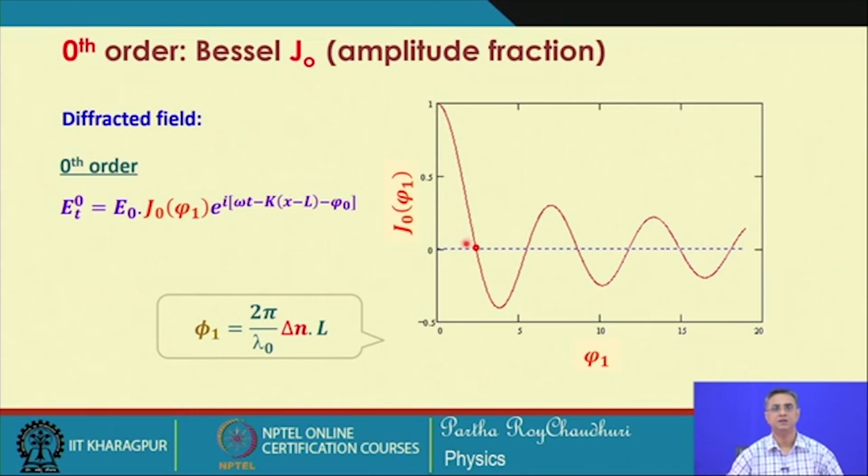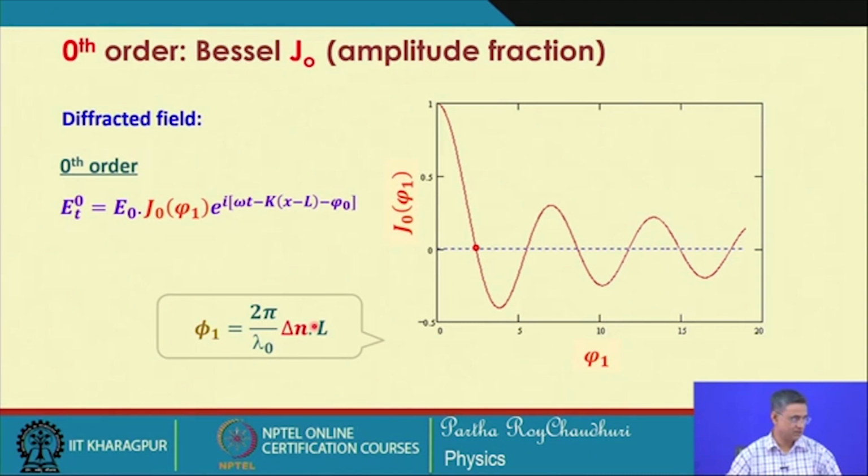Therefore, this is the effective modulation range over which phi 1 has to vary from 0 to 2.4048. Phi 1 has to vary between these. So, that will provide the modulation depth.